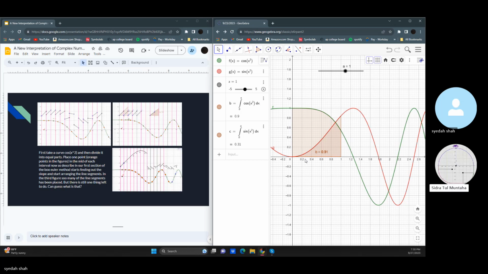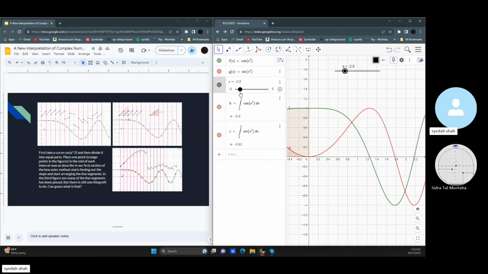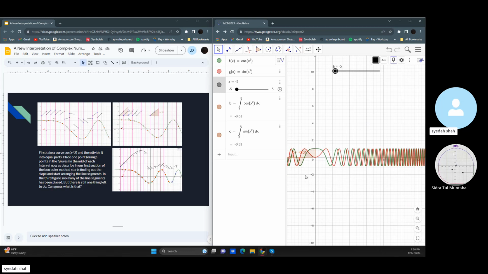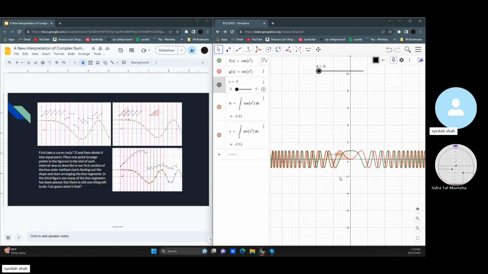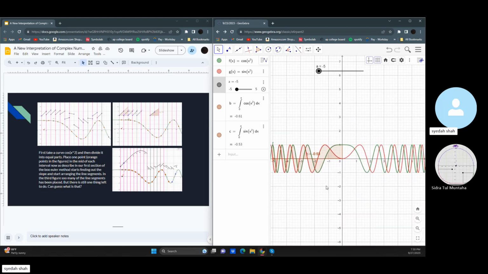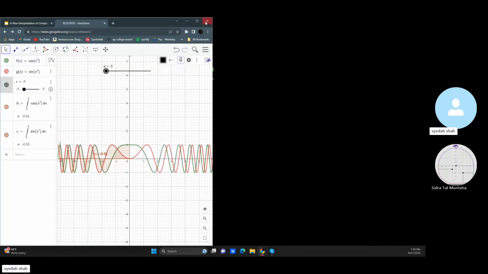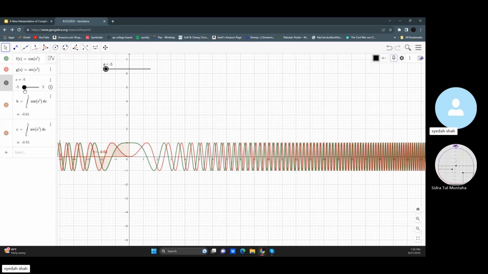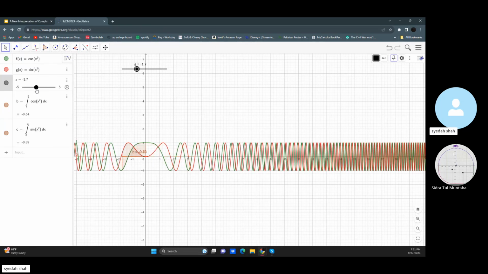Okay, what are this A and B? What are they showing? Can you move the slider and look? Yes. I think A is showing the slope of both.